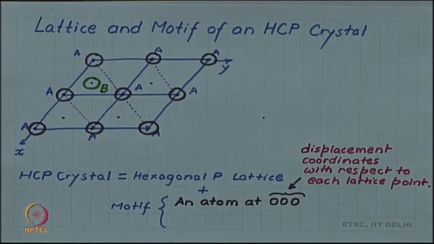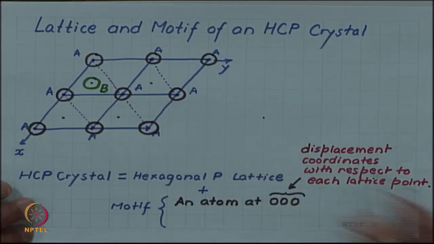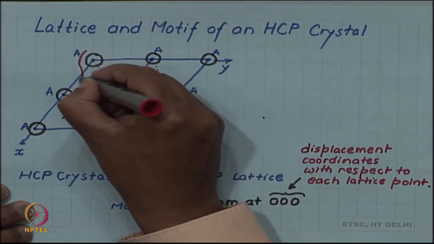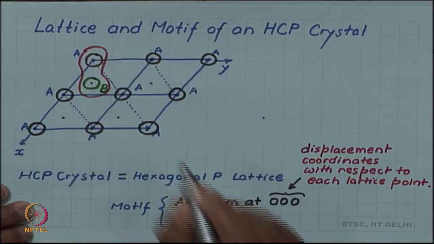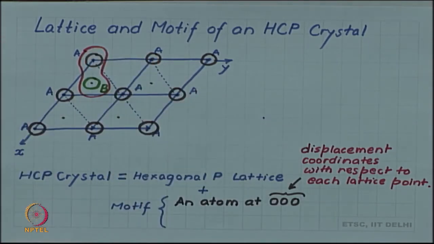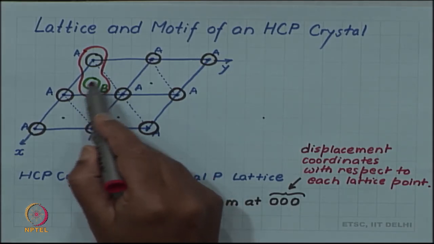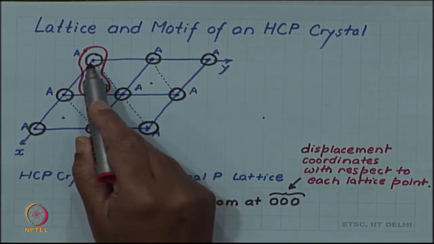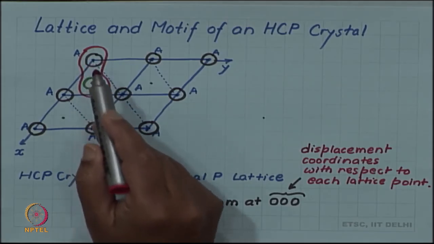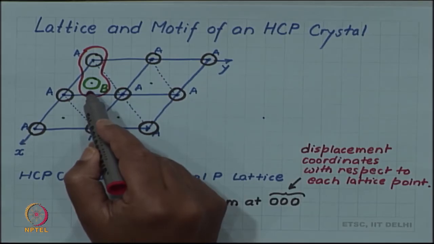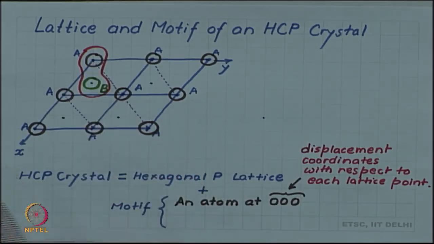And mentally I associate this B atom with this lattice point at A. This is a mental association. So, atom B obviously cannot be sitting at the same lattice point, because that lattice point is already occupied by an atom A, but we are associating atom B with the same lattice point where the A atom is located.